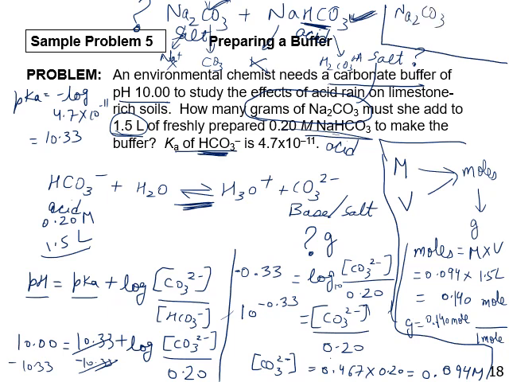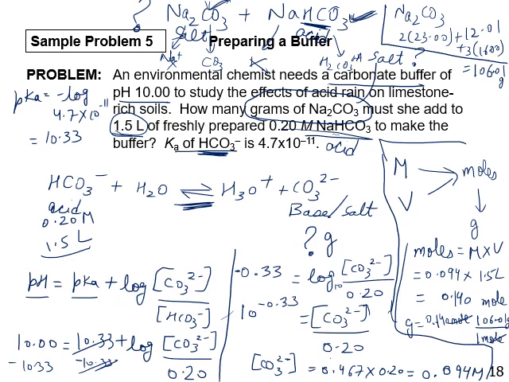Na2CO3, 2 sodium, so 2 times 23.00 plus 1 carbon 12.01 plus 3 oxygen 16.00. Total molar mass comes out to 106.01 grams. Plug that in here, 106.01 grams. Moles cancel, your final answer is in grams.